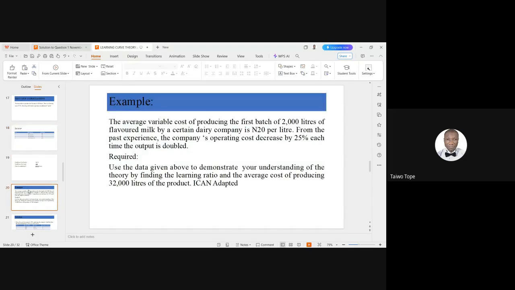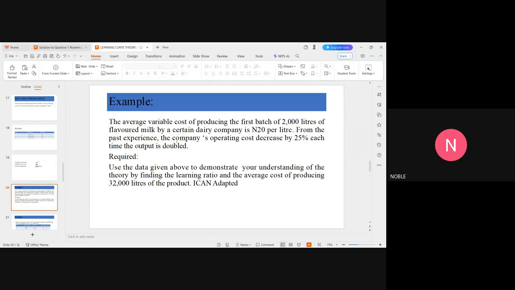So let's see what this question is saying. Can somebody read? The average variable cost of producing the first batch of 2,000 liters of flavored milk by a certain dairy company is 20 naira per liter.